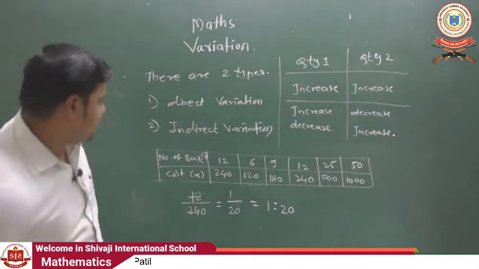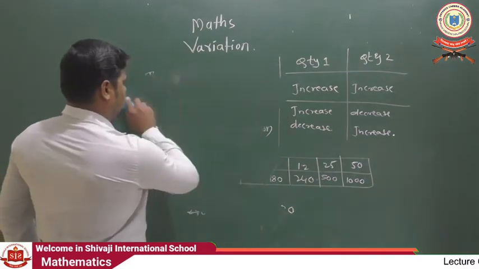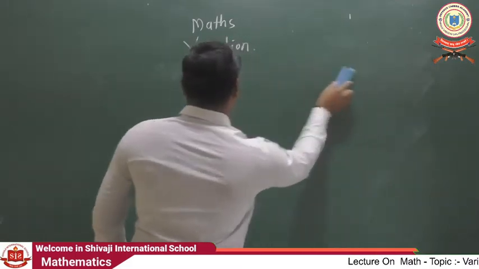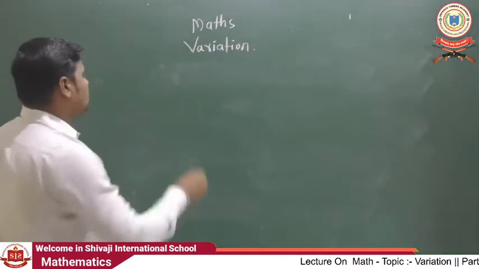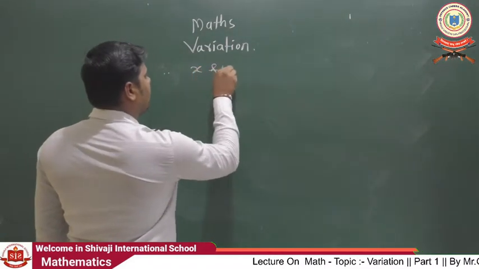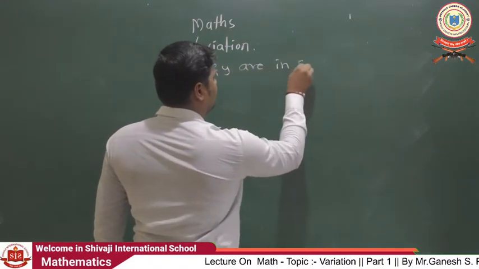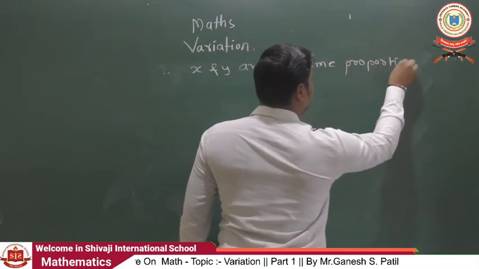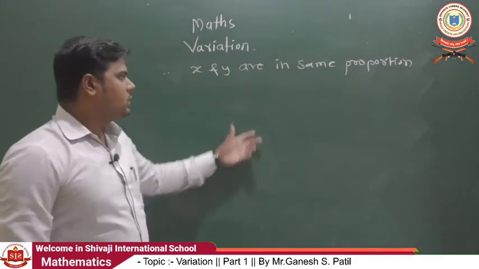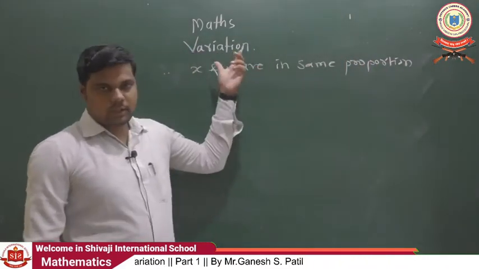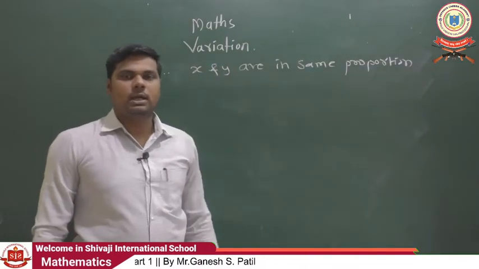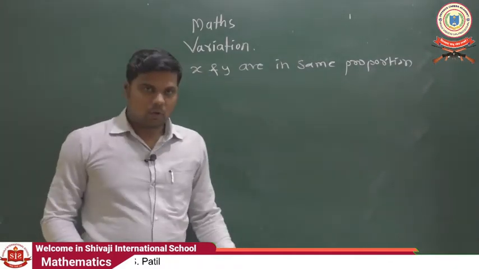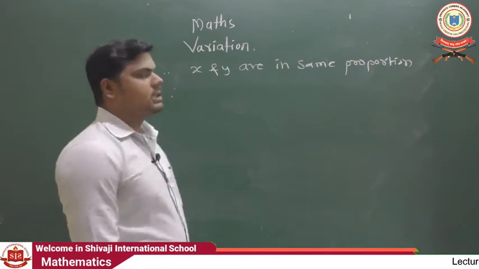Now we are going to discuss the definition of direct variation. Suppose X and Y are in same proportion. Now see, the word proportion is similar to variation, or variation and proportion are both the same thing, but their uses are in different places. Okay, see, X and Y are in same proportion.